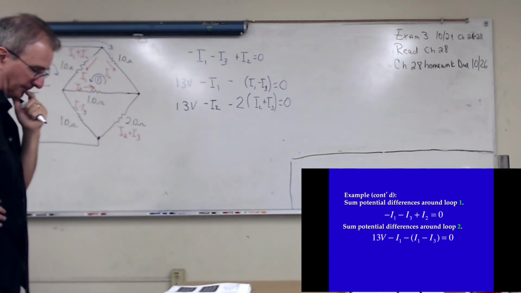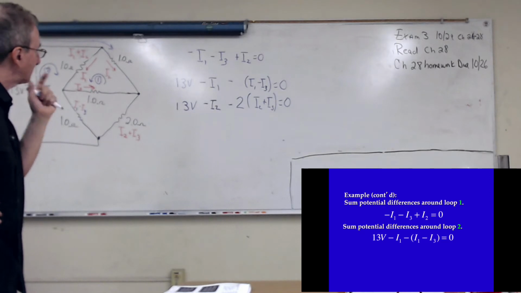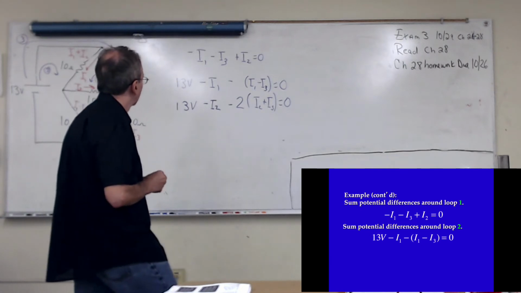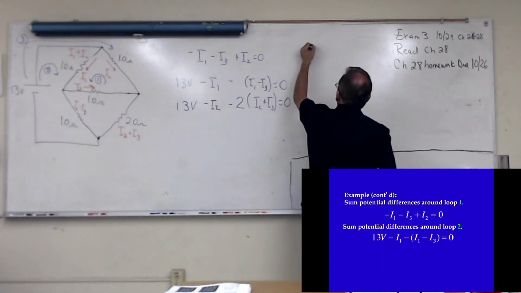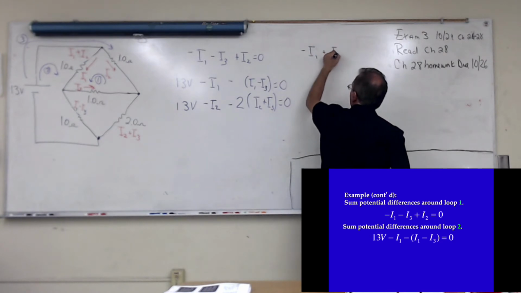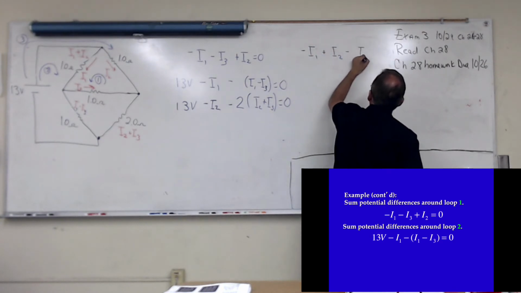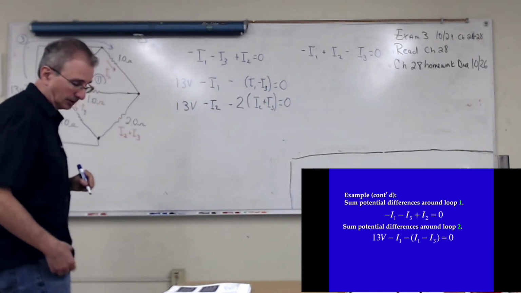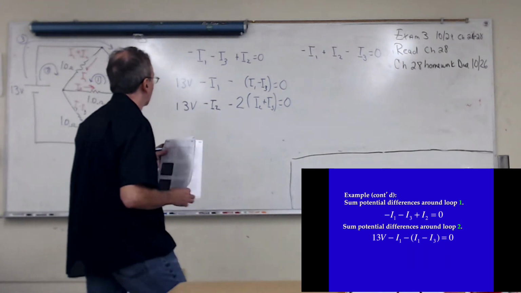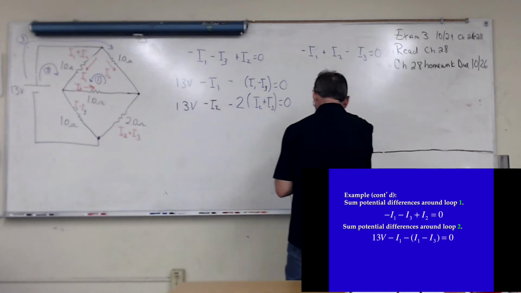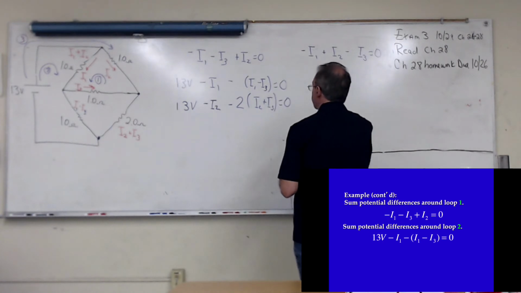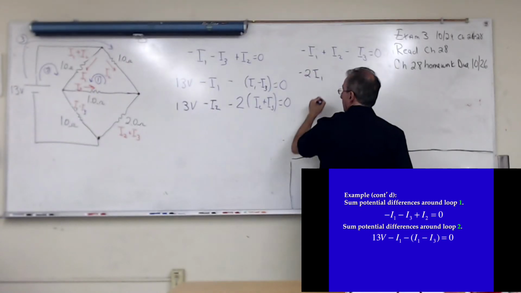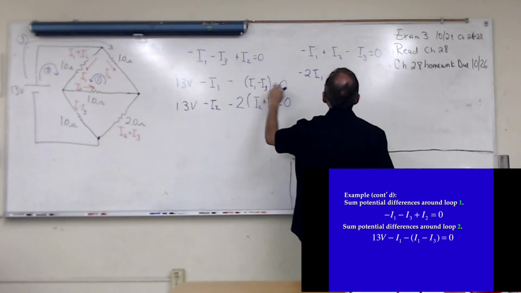So let me rewrite these. I'm going to rewrite this one like that. This is minus 2I1. And this is plus I3.